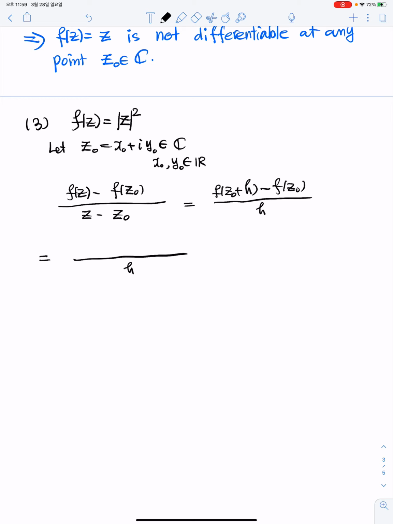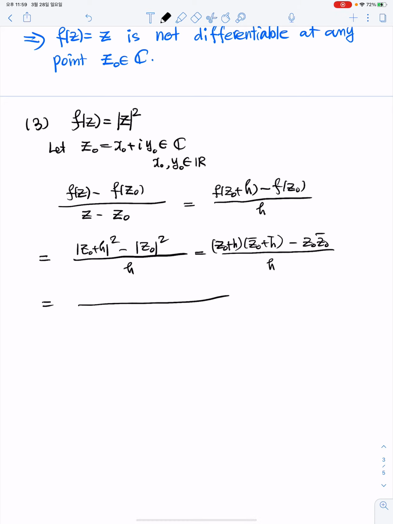So the function is the modulus of z0 plus h, squared, minus the modulus of z0, squared. The modulus squared is z0 plus h multiplied by z0 conjugate plus h conjugate. Then you expand these out.